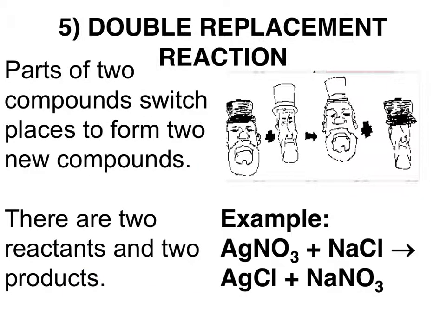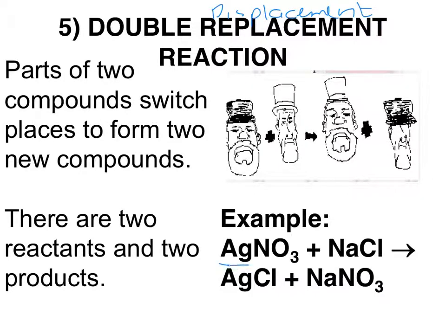And then number 5 is a double replacement reaction, or the way your book says it, double displacement. In this case, you have two compounds reacting.